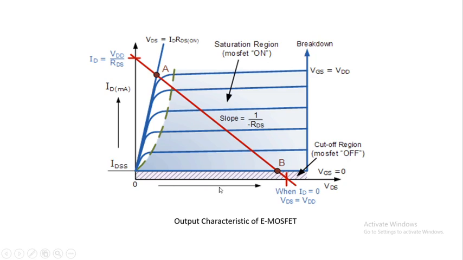The maximum value of VDS is equal to VDD, and the maximum value of the current ID is VDD by RDS. This is called a DC load line, from which we can also identify the operating point. In this presentation we discuss the switch, that's why it is about the off state and on state of the MOSFET.